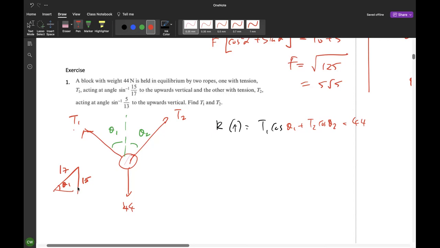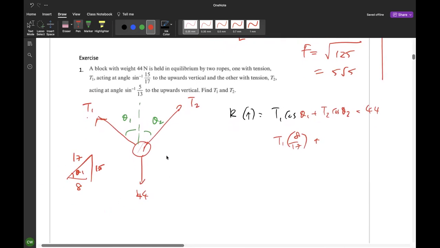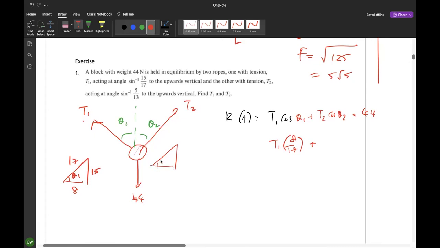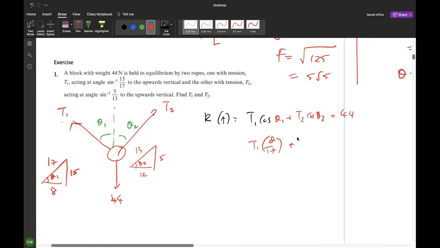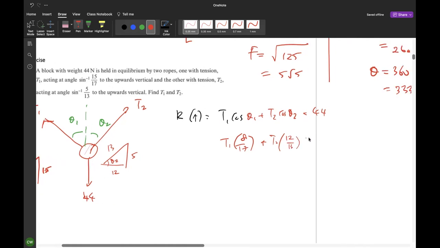What is here? 17 squared minus 15 squared is 64, so it's 8. So here 8, so it's 8 over 17. Another triangle for theta 2, 5 and 13. Opposite is 5, hypotenuse is 13, so this is 12. Cos theta 2, 12 over 13, equal to 44.